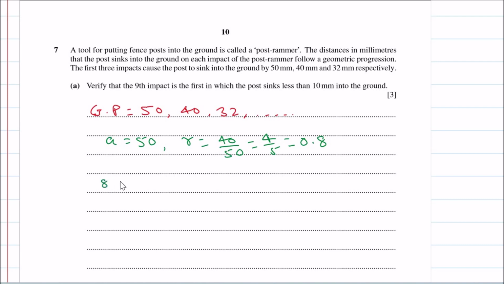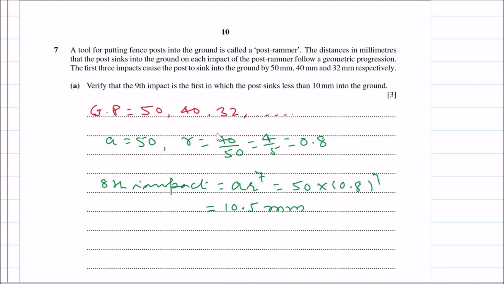So eighth impact will be given by AR to the power 7. Value of A known, R known, put the value, and if you calculate this, this is giving us 10.5 mm, which is more than 10, right?